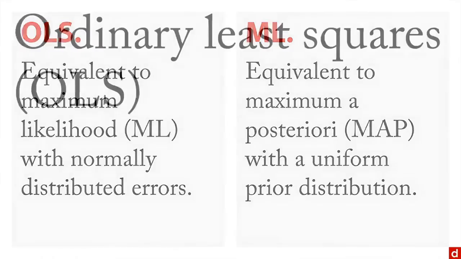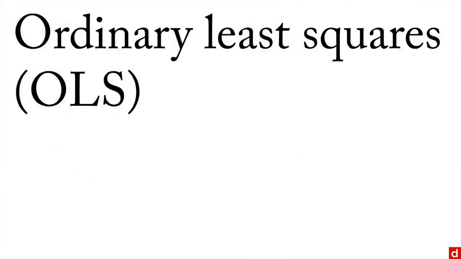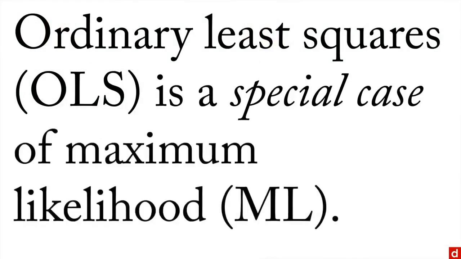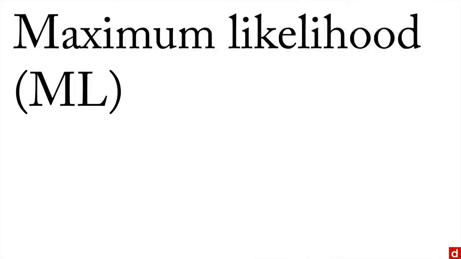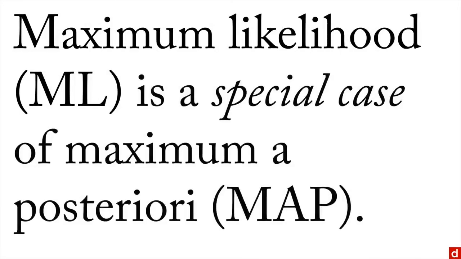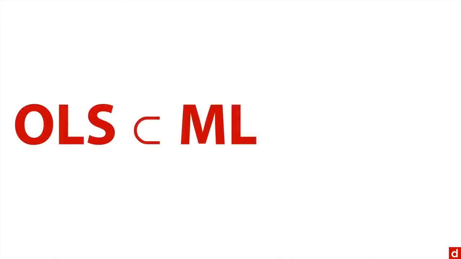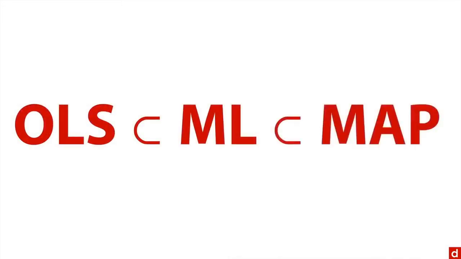To put it another way, ordinary least squares, or OLS, is a special case of maximum likelihood. And then maximum likelihood, or ML, is a special case of maximum a posteriori. And just in case you like it, we can put it in set notation. OLS is a subset of ML, is a subset of MAP. And so there are connections between these three methods of estimating population parameters.